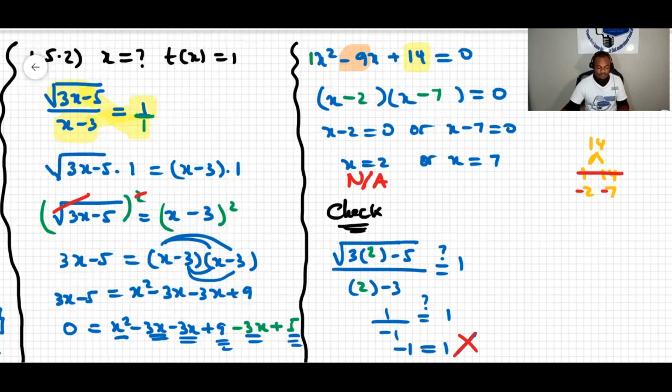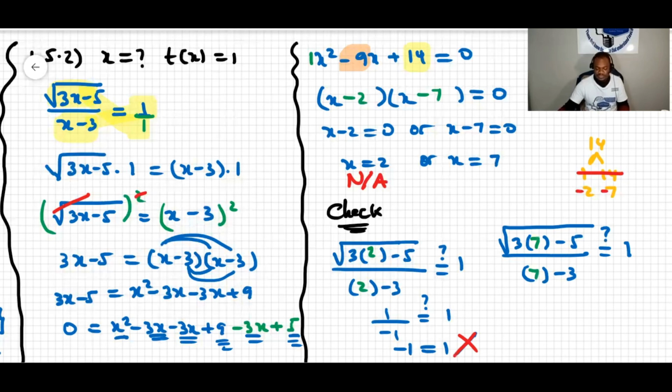But now, if we check with 7, we have the square root of 3x minus 5 over x minus 3 equal to 1. We're checking, okay? We substitute the value of x, which is 7 there. 3 times 7 is 21. 21 minus 5 is 16.